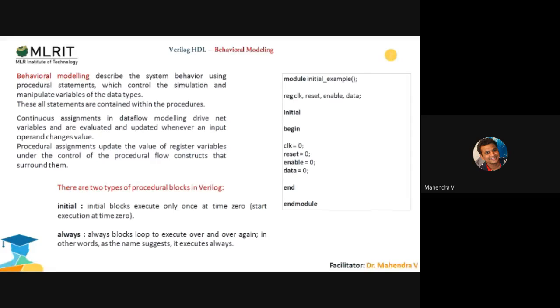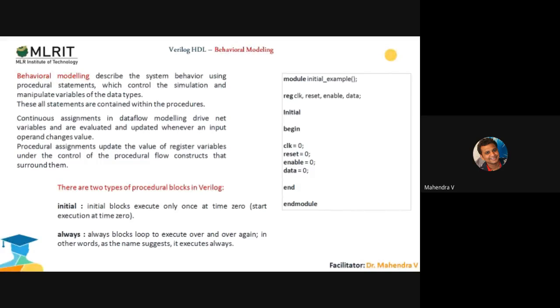But here, if we write the assignment construct in the always block, procedural blocks meaning the always block and initial block, those assignment statements which are wire type or net type will become reg type. Reg type means storage type.